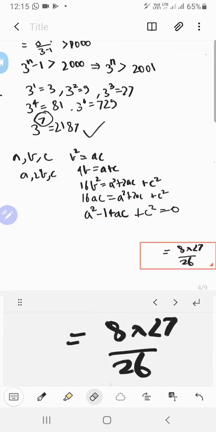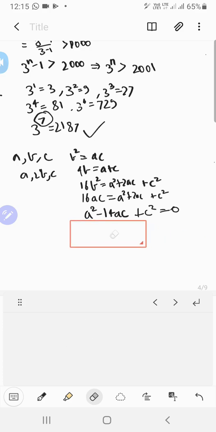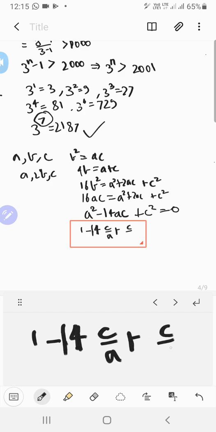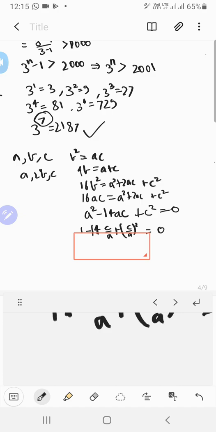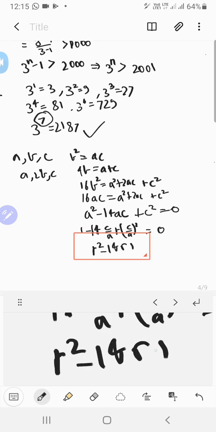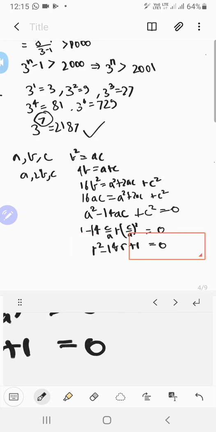Why is this even here? Okay, so now let's divide this by A squared. So that would give us 1 minus 14 of C by A plus C by A squared is equal to 0. Now you can use the fact that C by A is just the common ratio, say R. So you would get R squared minus 14R plus 1 is equal to 0.